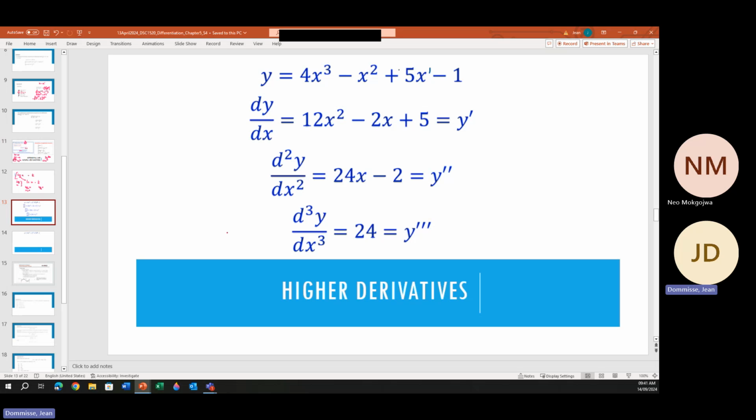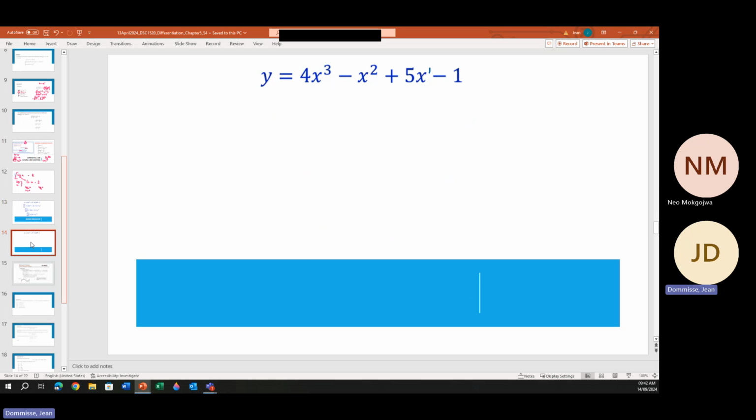Then the other important thing is when we need to go into the first, second and third derivative. The easiest way is an example, so I just copied it over so that we can work through it. When they ask you to work out the derivative, you will normally work out the first derivative of y.